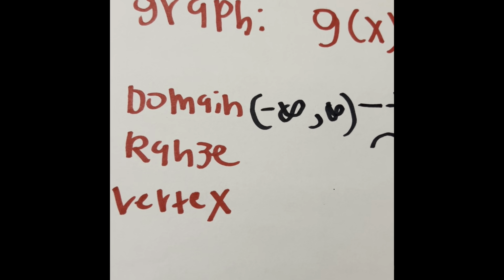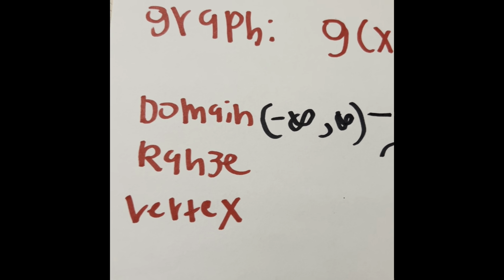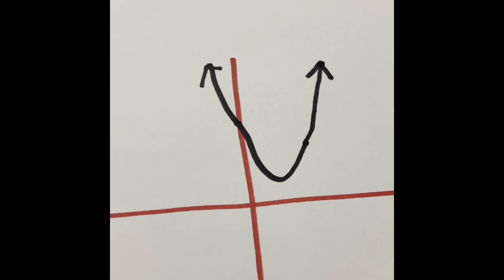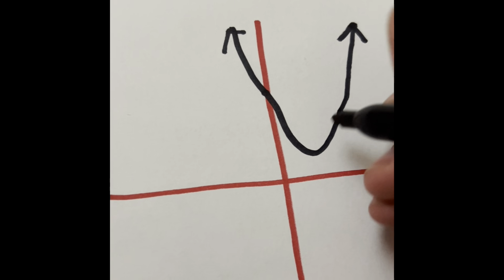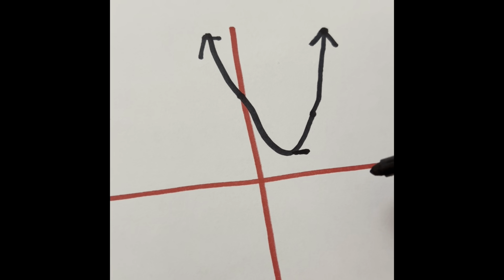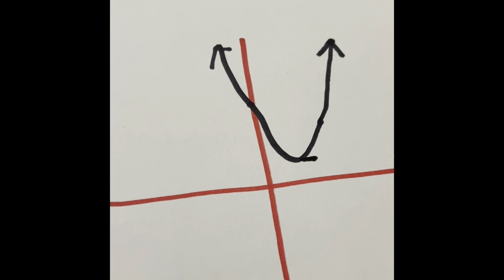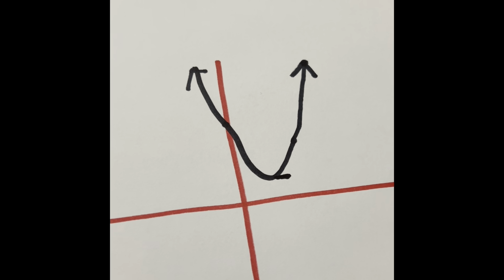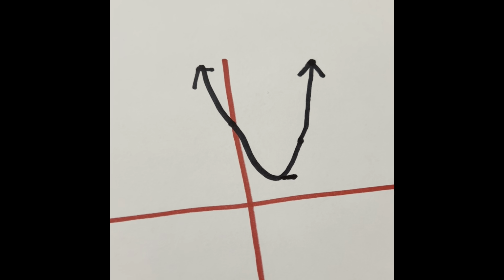What about the range? Well, the range talks about all the possible y values. And it goes up and down. So it turns out the range will start here and it will not stop. So how are we going to do the range? Well, on the graph, it kind of looked like the range was at 2.